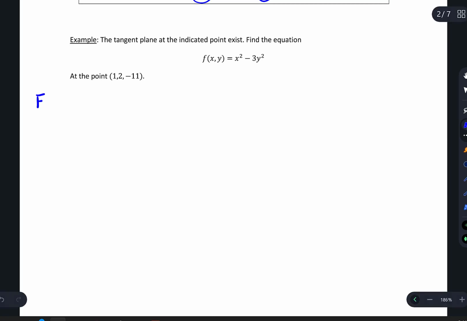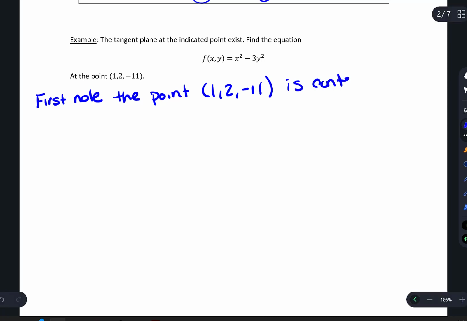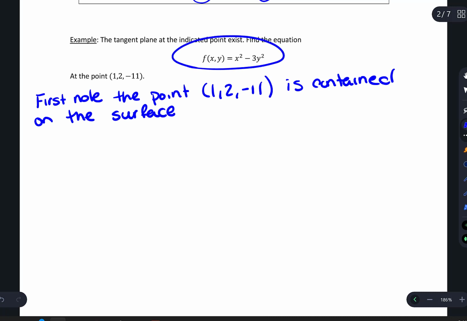The first thing we're going to note is that the point (1, 2, -11) is contained on the surface. By the surface, we mean the surface created by this function, z is equal to x squared minus 3y squared.